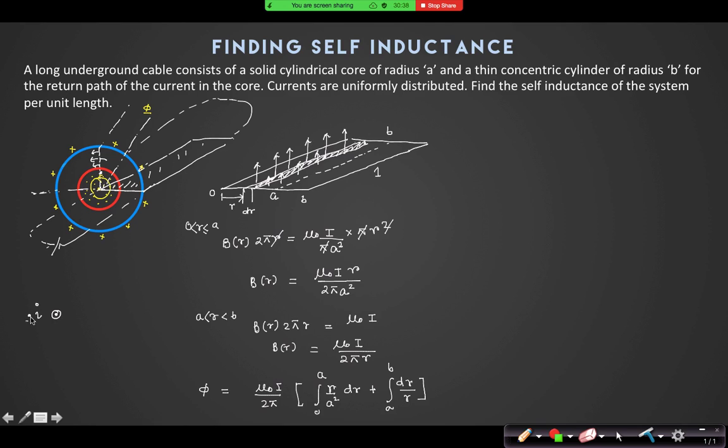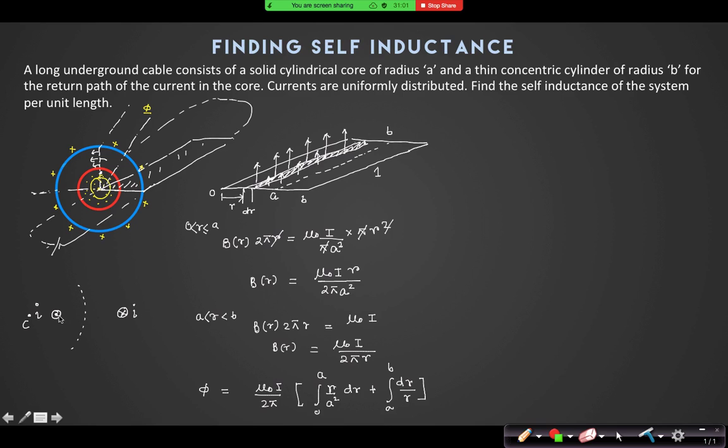This is the center. Suppose at a certain distance less than a, there is a current carrying conductor, and another conductor at b carries the opposite current, the same current I. Can you see that?